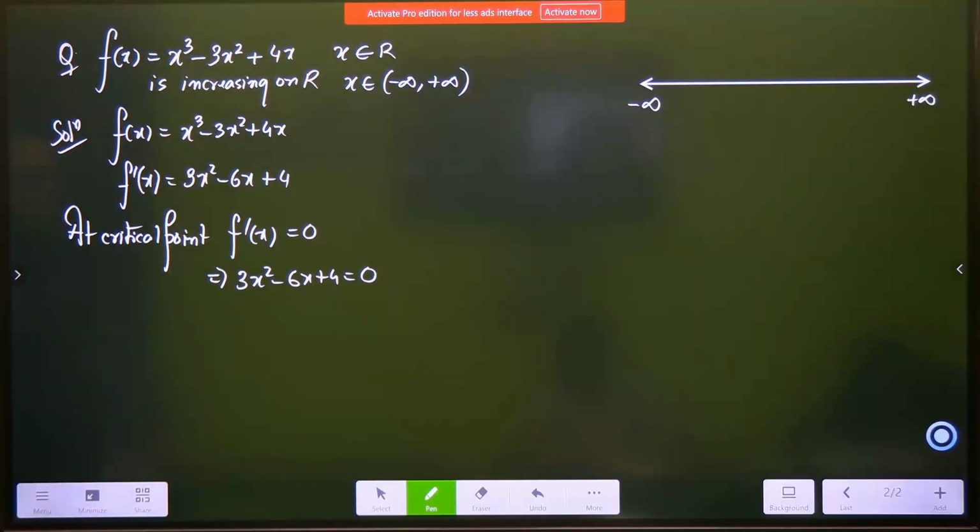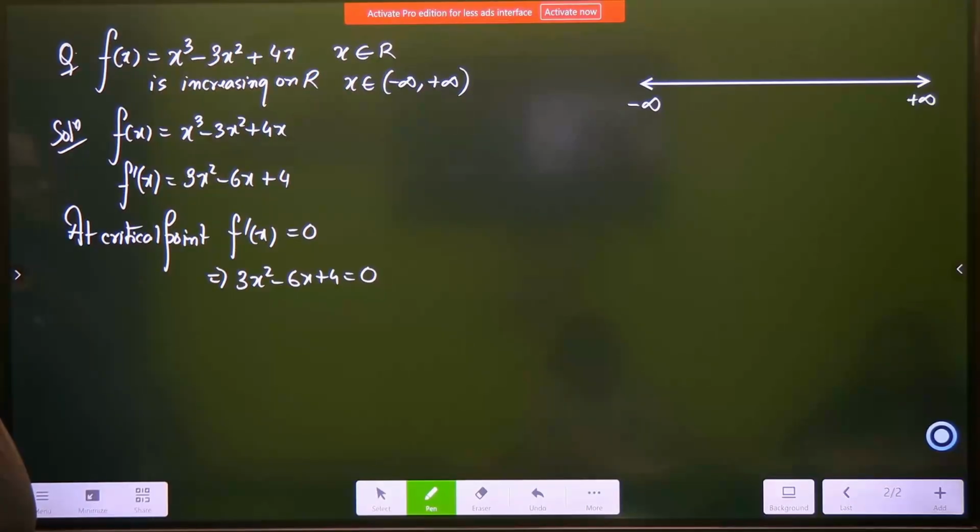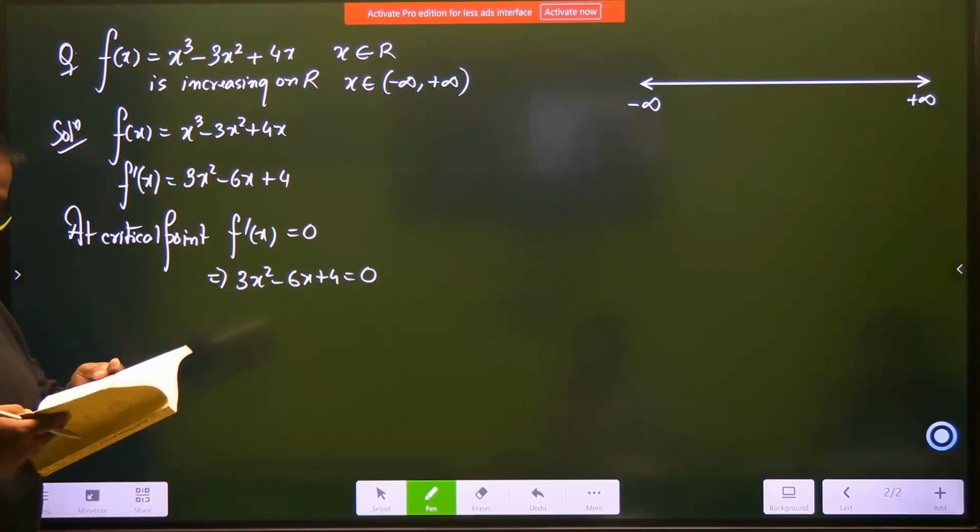No. So I do middle term splitting. 3 times 4 is 12, and 12 can be got by 3 fours or 2 sixes. Nothing is giving you a 6. Yes or no? The question is correct.